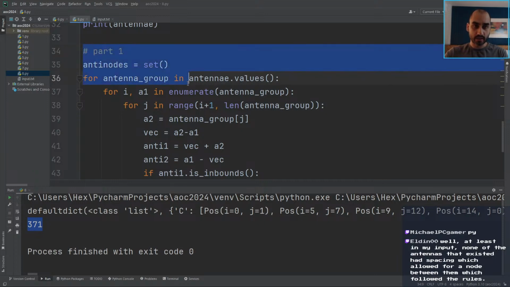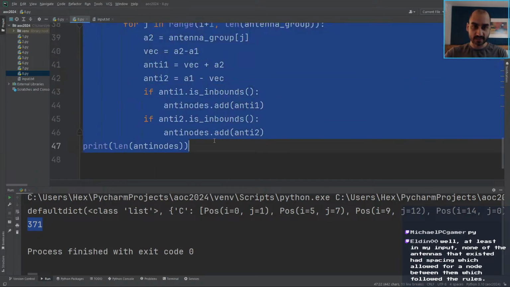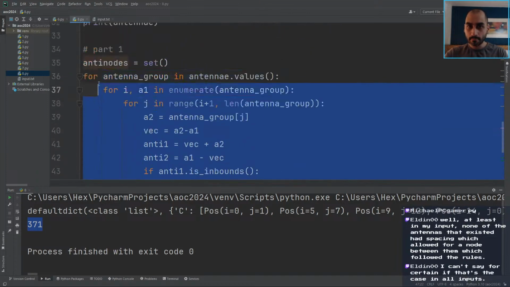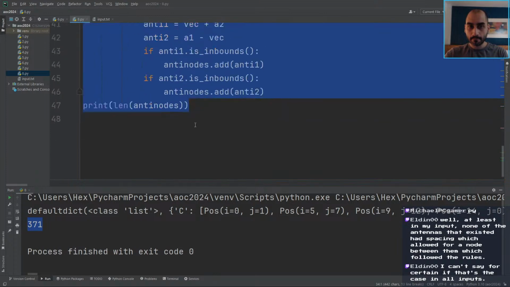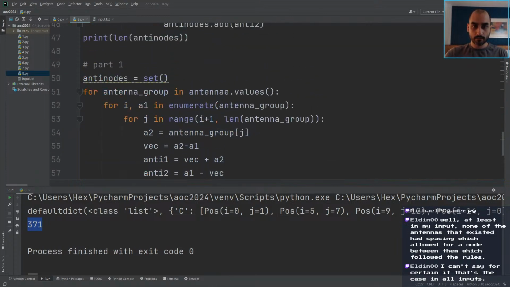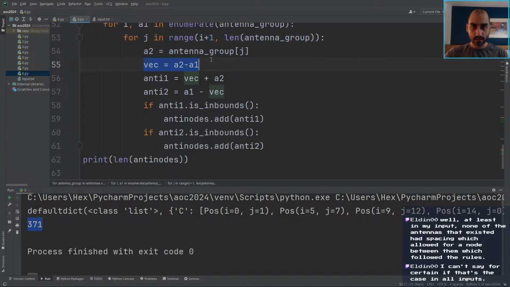But yeah, I'll code it according to this assumption that was never stated. Part 2. So we've got antinodes again, just do the same thing again. As soon as we get here, we get the vector. Now what?